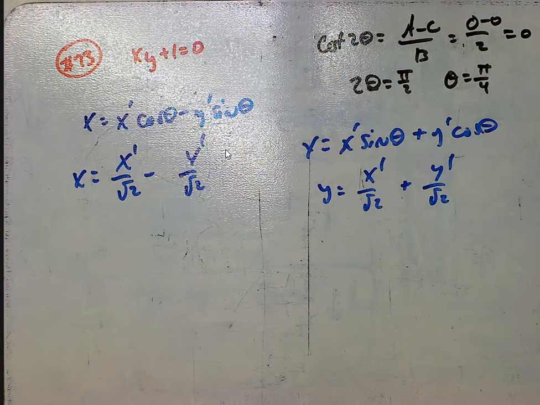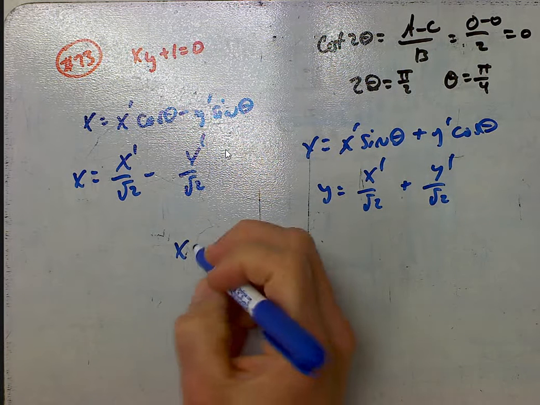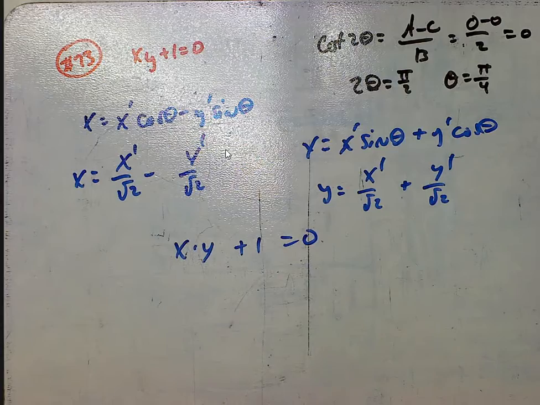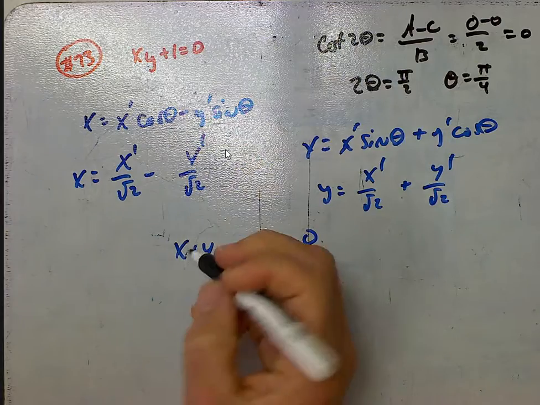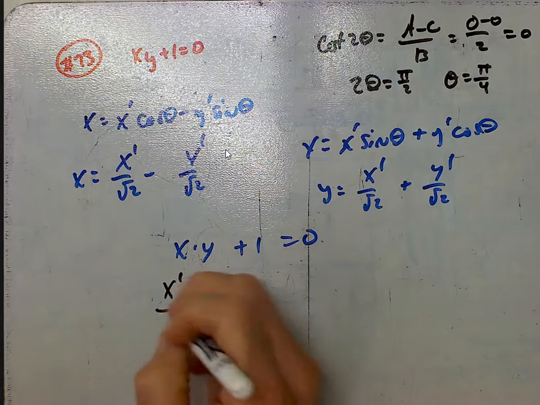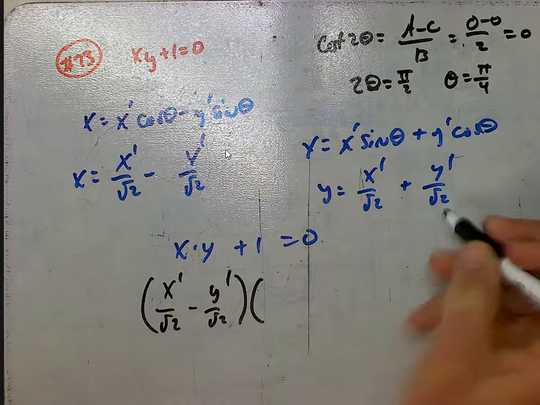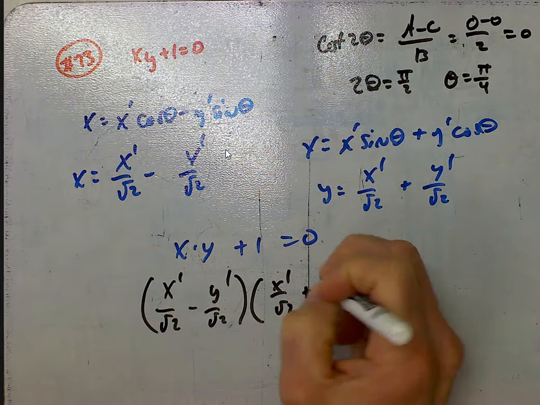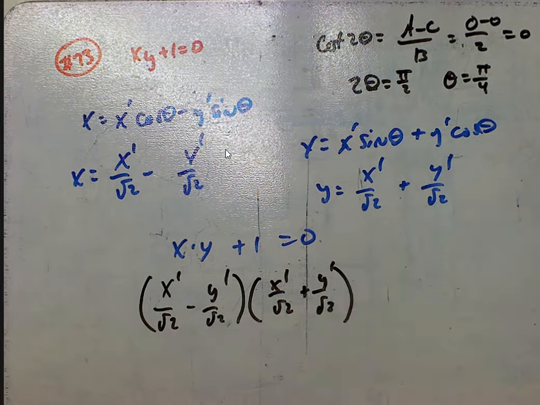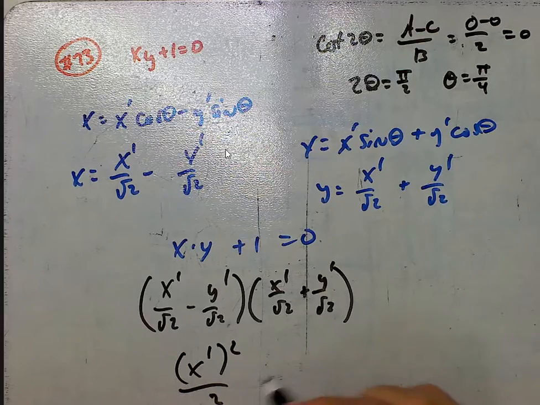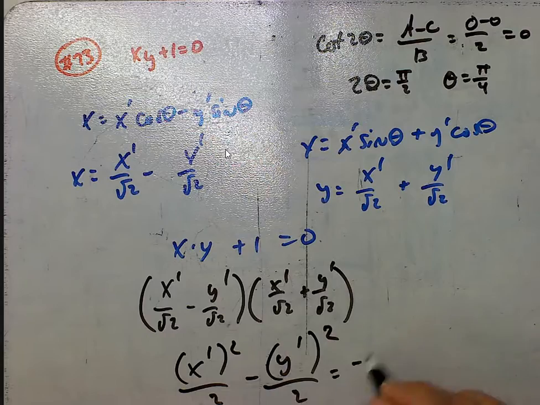Alright, now I want to go to xy + 1 = 0. Substitute those in. For x, I'm going to have x prime over square root 2 minus y prime over square root 2, times x prime over square root 2 plus y prime over square root 2. x times x is going to give me x prime quantity squared over 2 minus y prime quantity squared over 2, and that's going to be equal to negative 1.